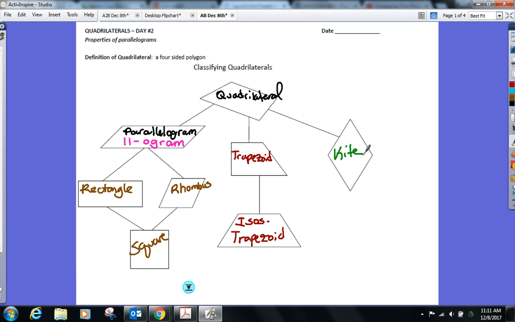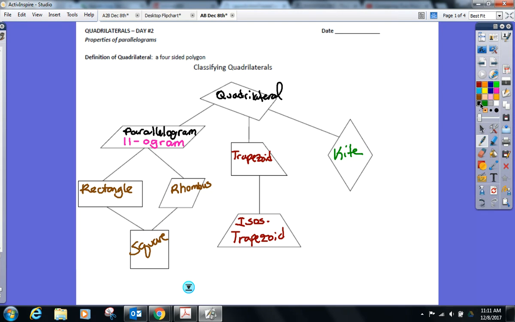Now, why do we break them up into three families? Here's why. Every single one in the parallelogram family has both pairs of opposite sides parallel. In the trapezoid family, only one pair of opposite sides is parallel.